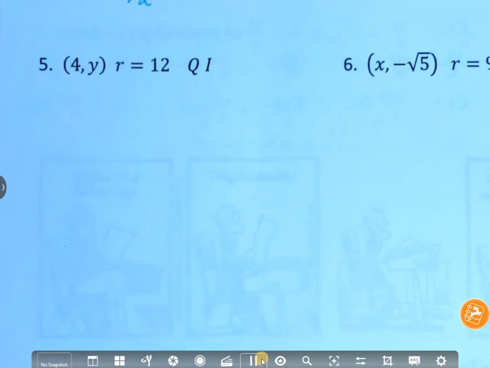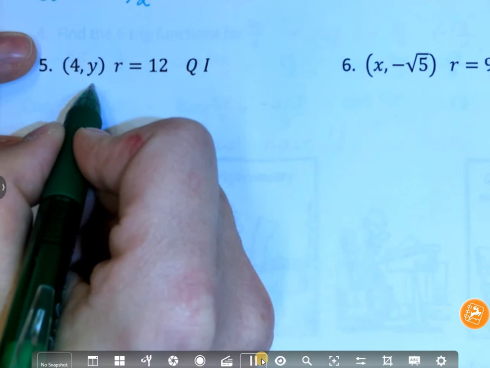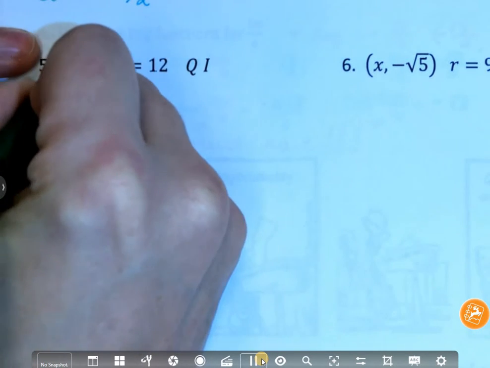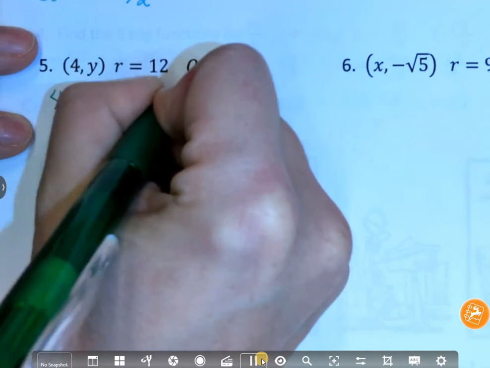And this is the only other thing I can make you do with this. What do you think I'm going to do with this? I'm going to find the y. How am I going to find the y? Pythagorean theorem. So I have 4 squared plus y squared is r squared.